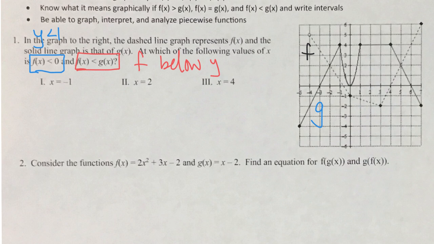All the places where the f of x is below. Let's look at that first. So f of x is below your axis from here all the way to there. Okay, so this is the interval from -1/2 to about +4, where f of x is less than 0.